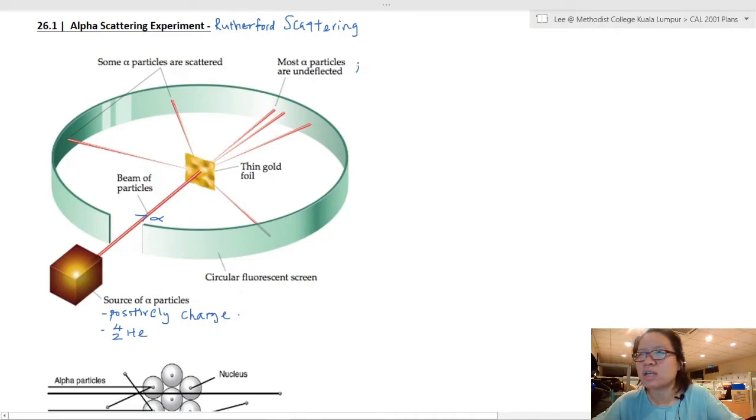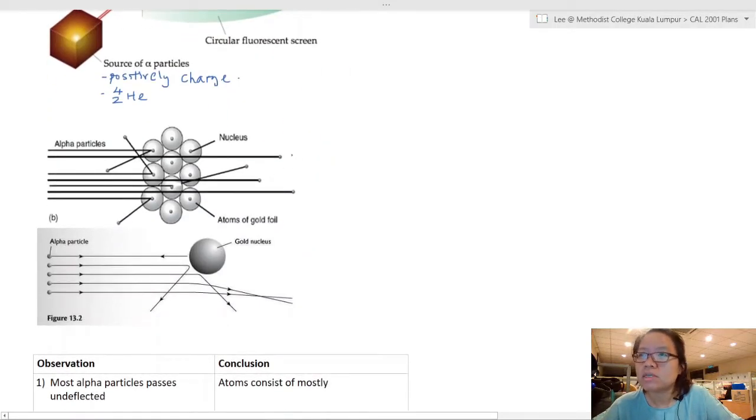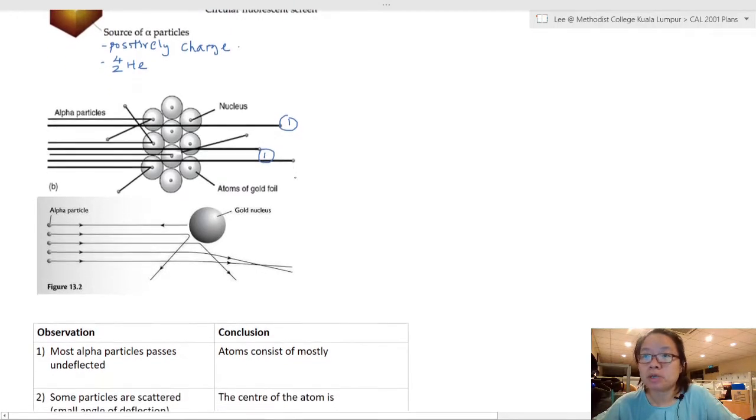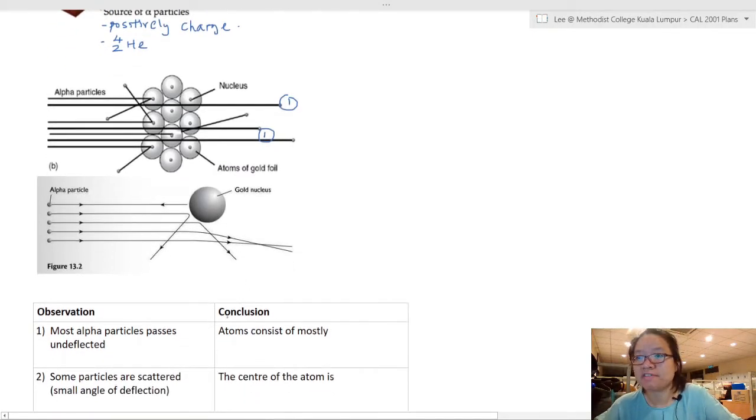If not, then no need. So this is the first observation. Most alpha particles will pass through undeflected, and because most of them can pass through undeflected, our conclusion would be atoms consist mostly of empty space.